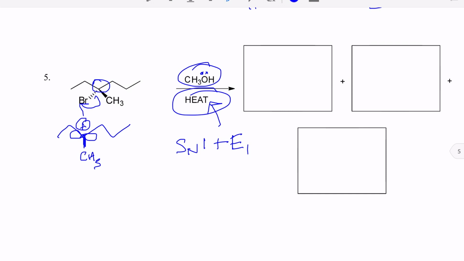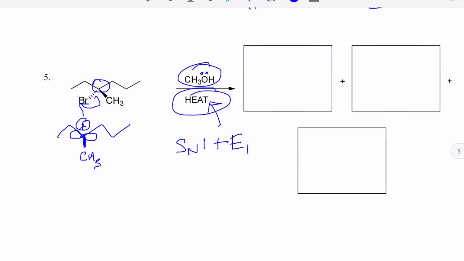How do I put this? You can have the methyl group in its original projected state coming out of the page, or you can have it going into the page.